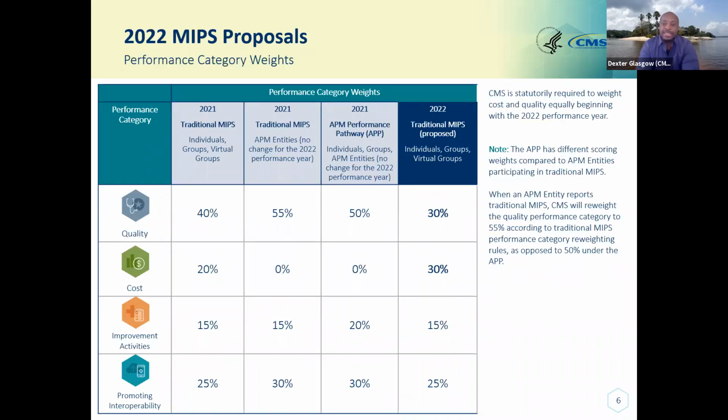As you can see on this slide, the gray columns are our performance category weights for traditional MIPS for 2021. For all clinicians that are not participating under the APP or not part of an APM entity, the performance category weights will be 30 points each for quality and cost, and then 15 and 25 points for improvement activities and promoting interoperability.